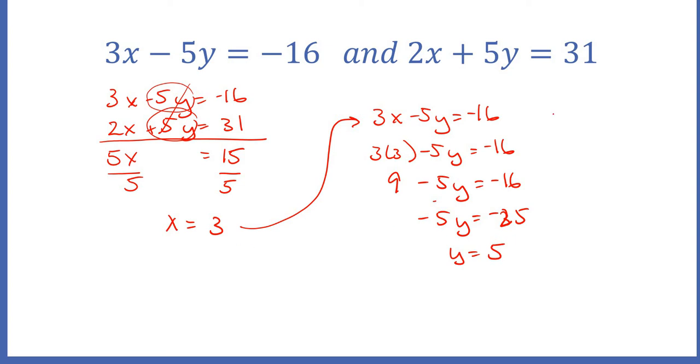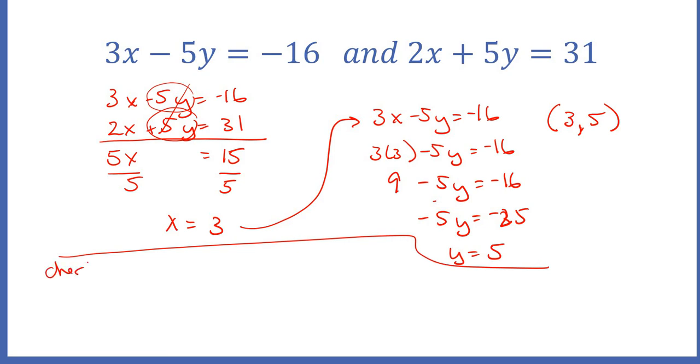So my solution is x is 3 and y is 5, or the ordered pair 3, 5. So if I had graphed these two equations on the graph paper, they would have intersected at the ordered pair 3, 5.